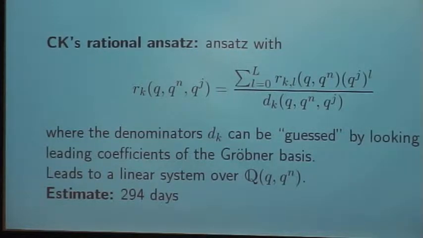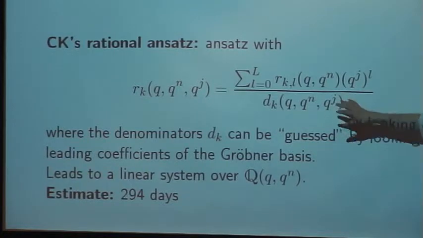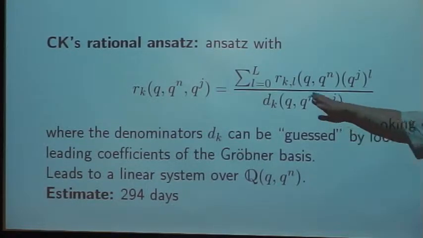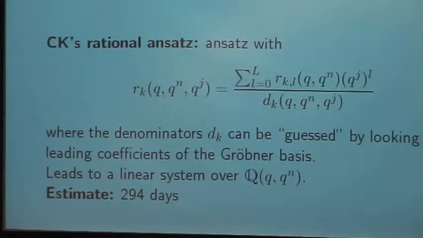So we look at all the leading coefficients. This gives us a set of candidates that can appear, and then we have to somehow take a multiple of those and try whether we get something. So basically only factors from the leading coefficients can occur here, which already restricts a lot and enables us to get a handle on these denominators.